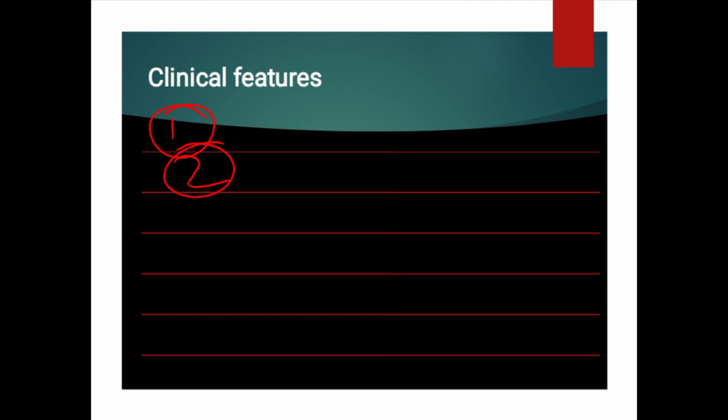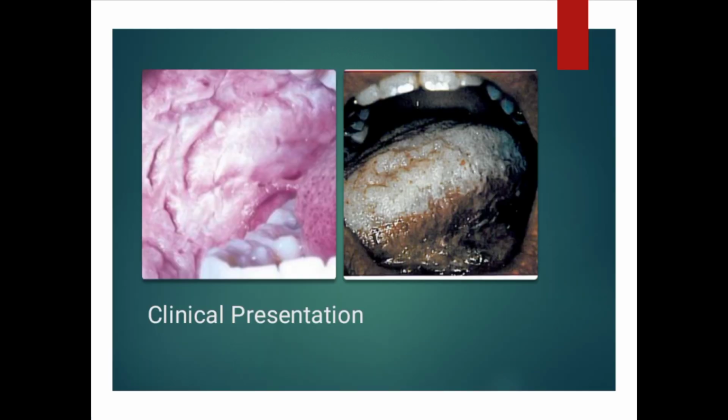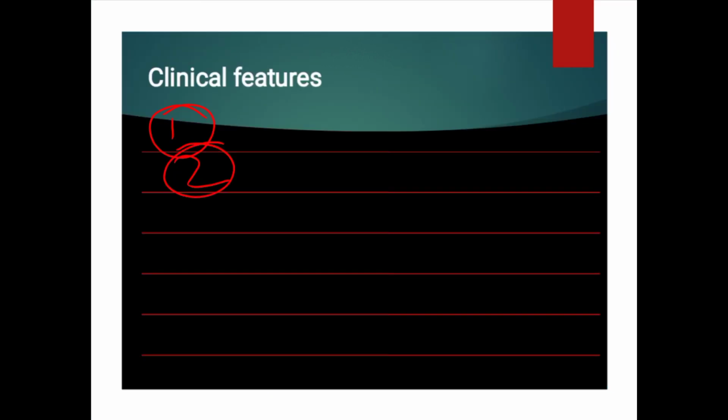It can also occur in childhood, infancy, and adolescence. Also, this lesion has no well circumscribed margins. It basically fuses with the normal mucosa. And it is white.